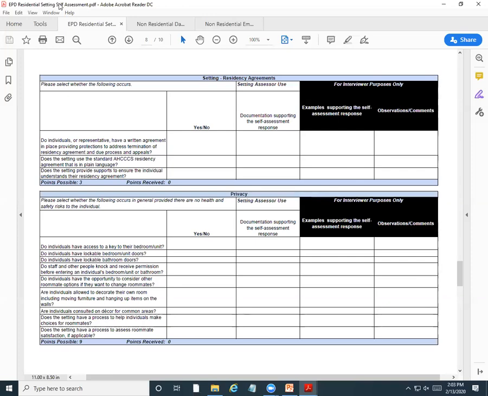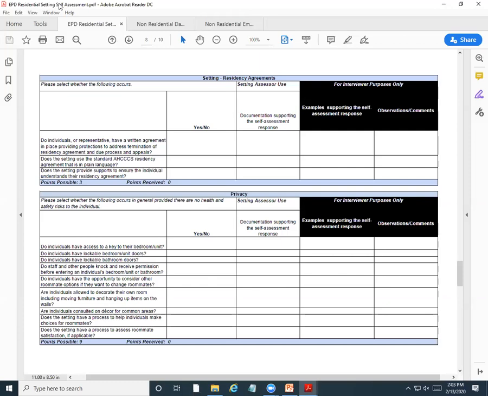And we'll move on to privacy, which is another hot button issue. So just a reminder, this is for members that don't have those health and safety restrictions or guardian issues. Do individuals have access to a key to their bedroom or unit?